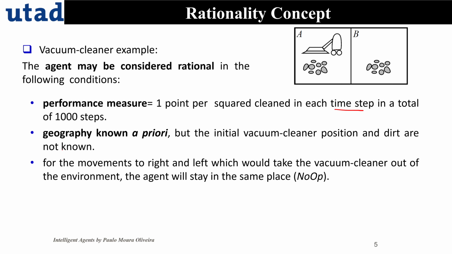The geography is known a priori, but the vacuum cleaner's initial position and the dirt are not known. Of course, it can only move right and left, and if it tries to do a move that is not allowed, the agent will stay in the same place. So in these conditions, we could say that this agent is rational.